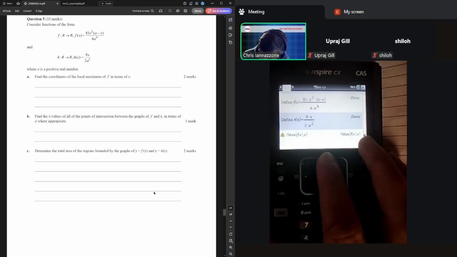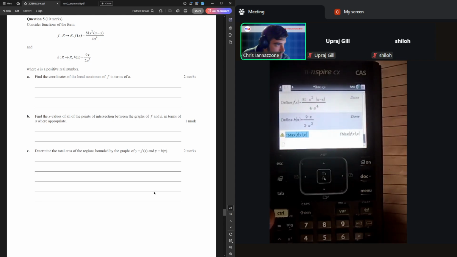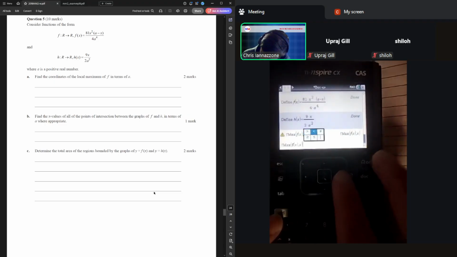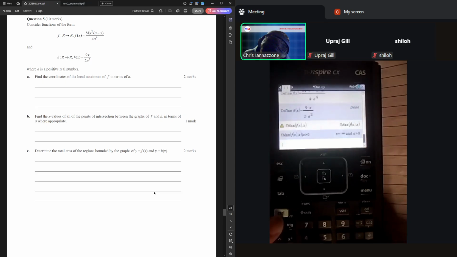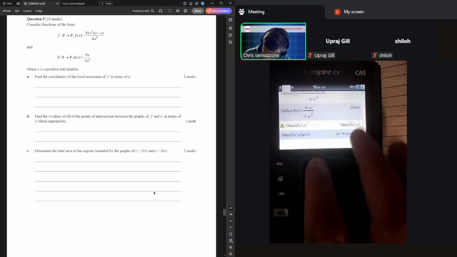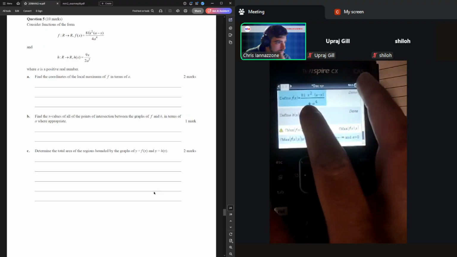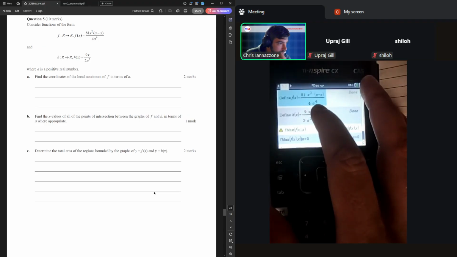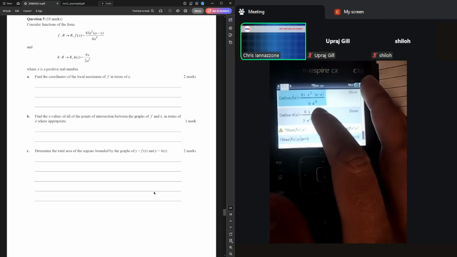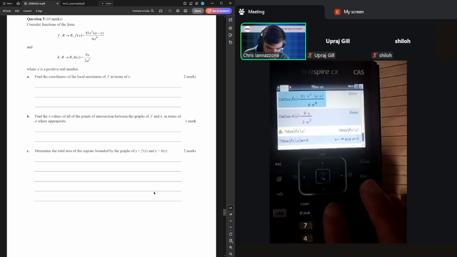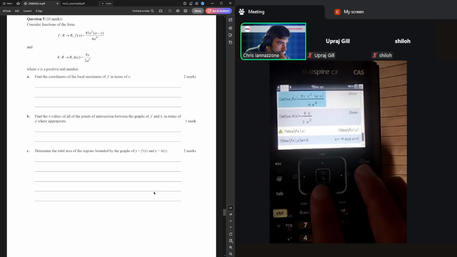That's unfortunate. Why did it do that? Do I need to give a domain? a greater than 0. 81x squared times bracket a minus x for a, fmax.